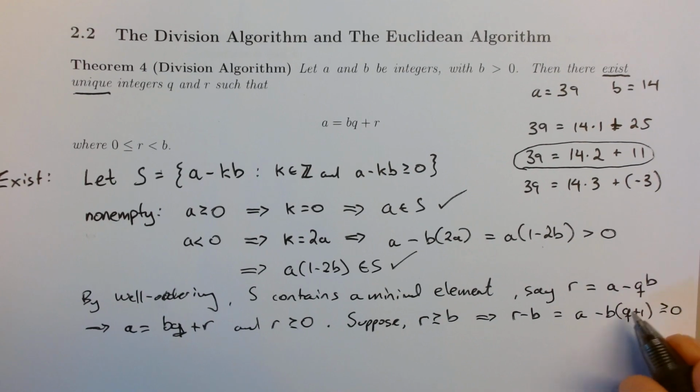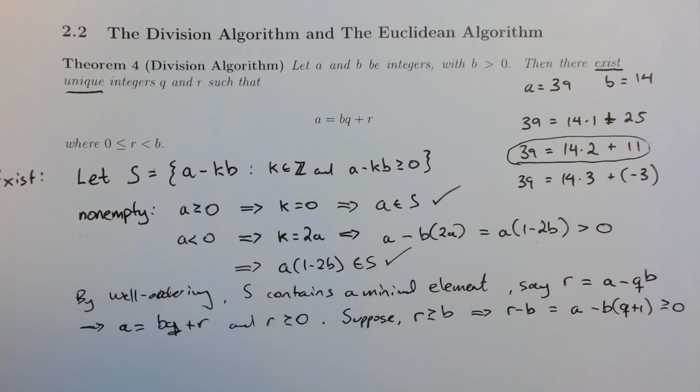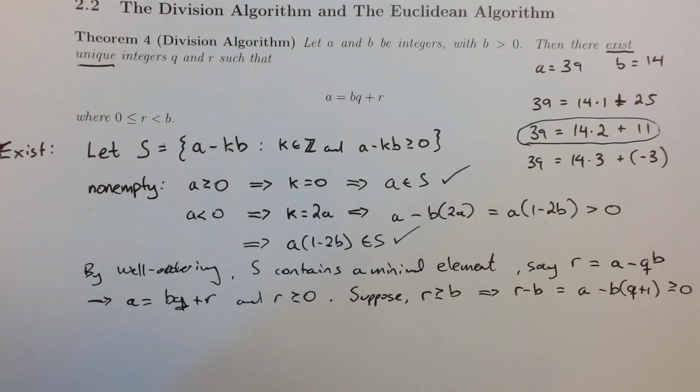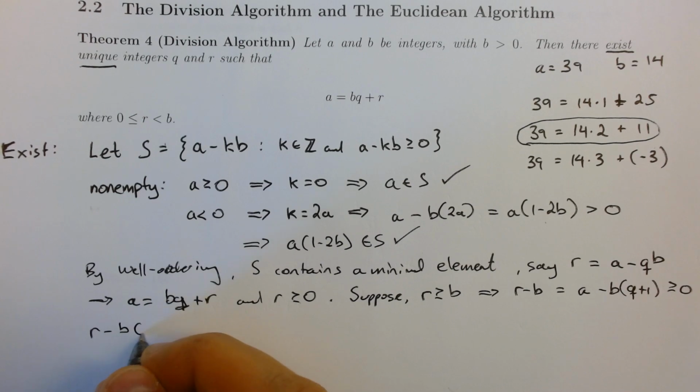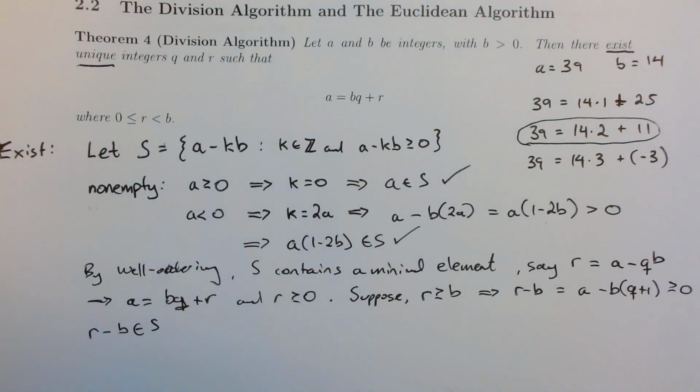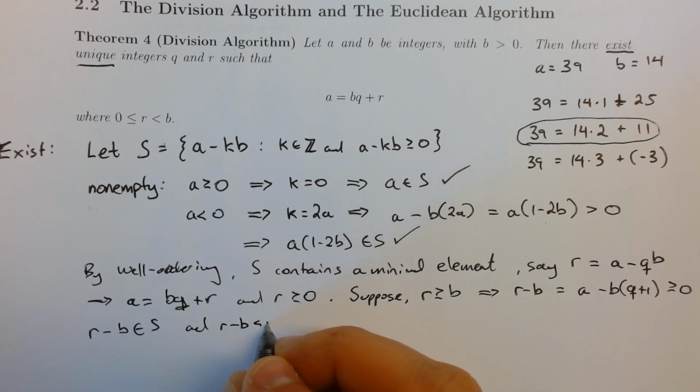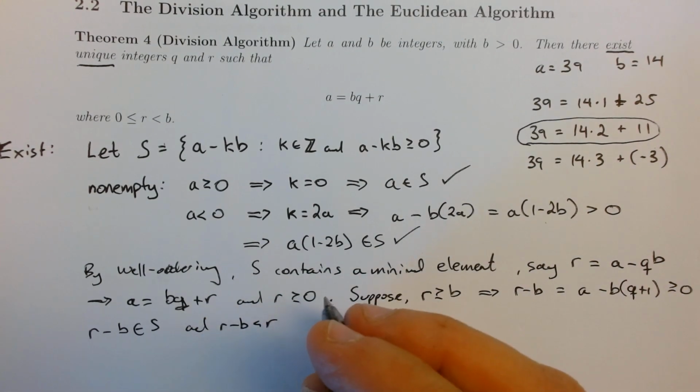Well, that means that's a potential K, so it belongs to S. So that means R minus B belongs to S, but that is something that's less than R, which is going against the minimality of R. R minus B is less than R, which is a contradiction here.